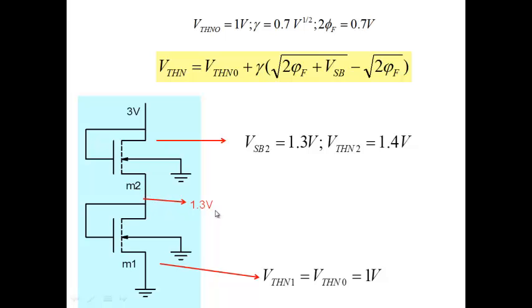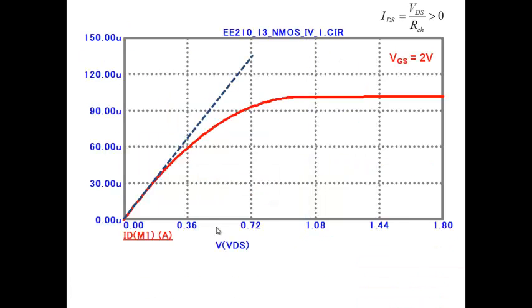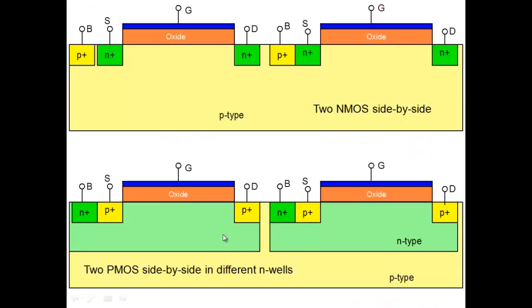Let's see what will happen. Let's go back to one of those figures. These are two MOSFETs here, think about M1 and M2. The source of this one is at 1.3.